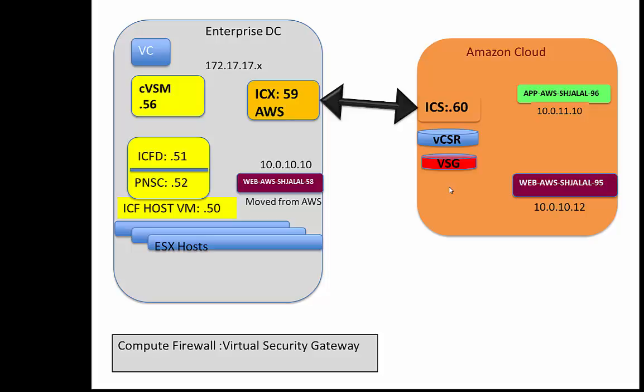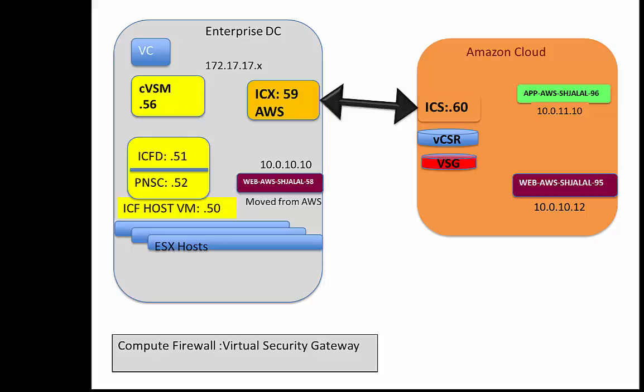Now we are going to log into VM 58, and from there we'll RDP to the web VM 95 in the cloud, and from there we'll do the testing. Testing means ICMP and RDP. There are two protocols we'll test. First, we'll ping from web 95 to app 96, then we'll RDP into 96, and from there we'll ping back and RDP back.